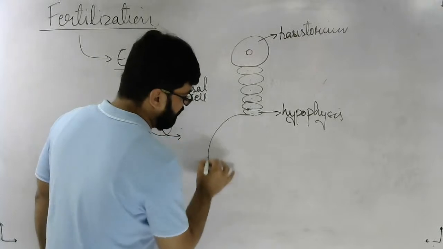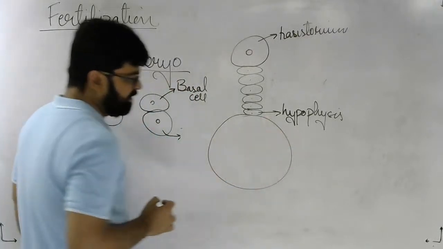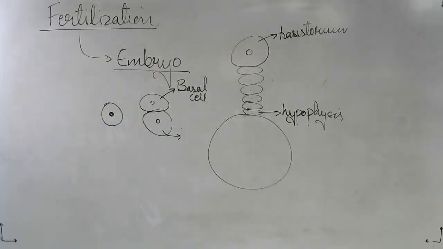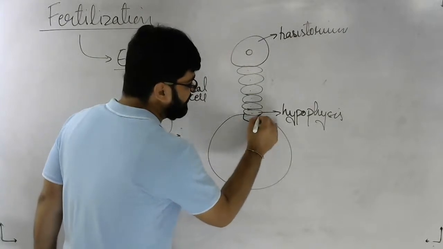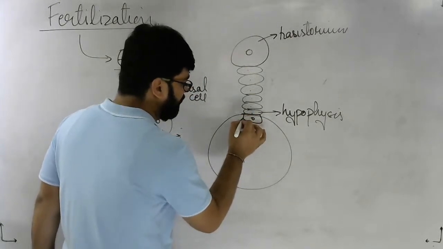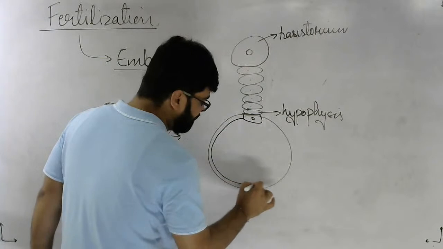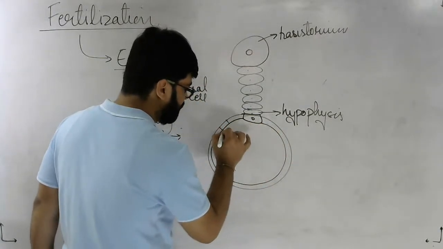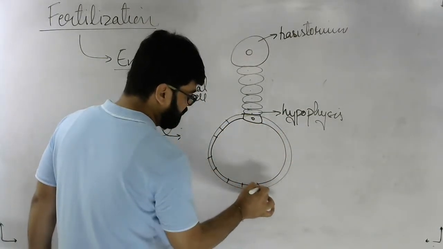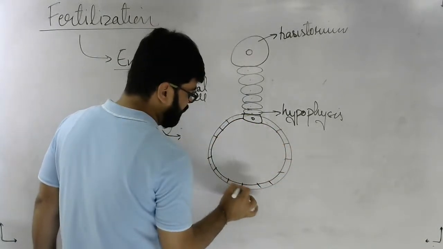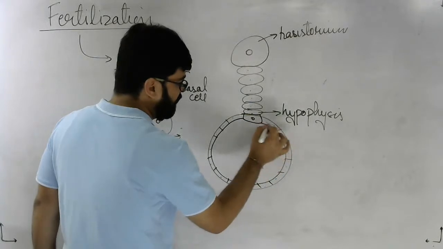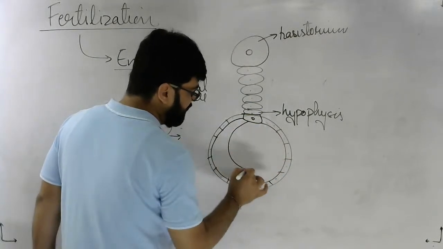All right. Now here the division takes place and a structure like this is formed. Here one cell is there. Here one layer of cells is present.